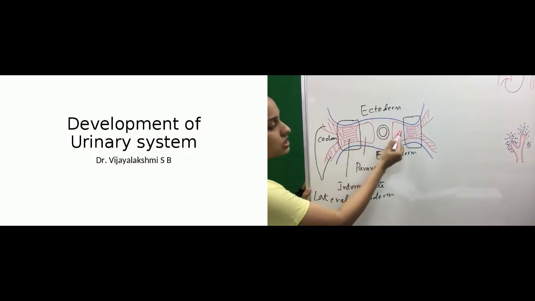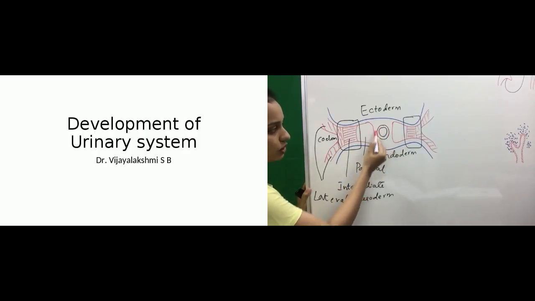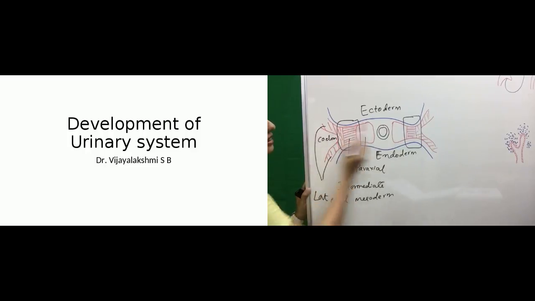The one near to the axis, the neural tube, is the paraxial, which mainly gives rise to somites. The next is the intermediate mesoderm, and the lateral most is the lateral mesoderm. So the area on either side will give rise to the structures of urinary and the genital system.